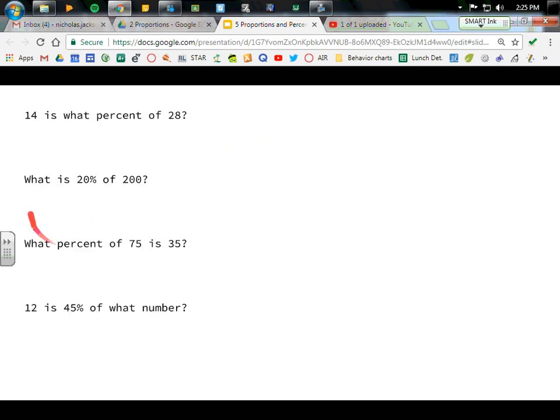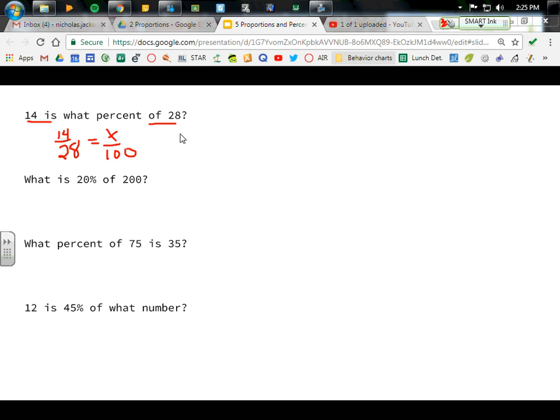Here are a few problems that we are going to practice together. 14 is what percent of 28? So 14 is the part, 28 is the whole, and we are looking for our percent. So we would set the ratio up as 14 over 28 equals x over 100.